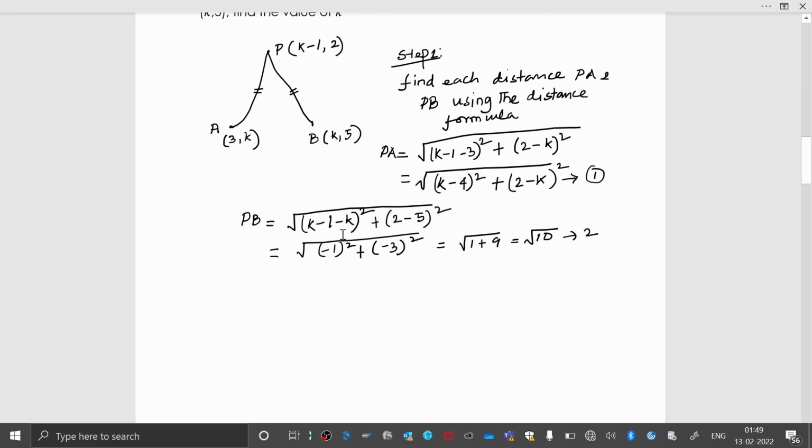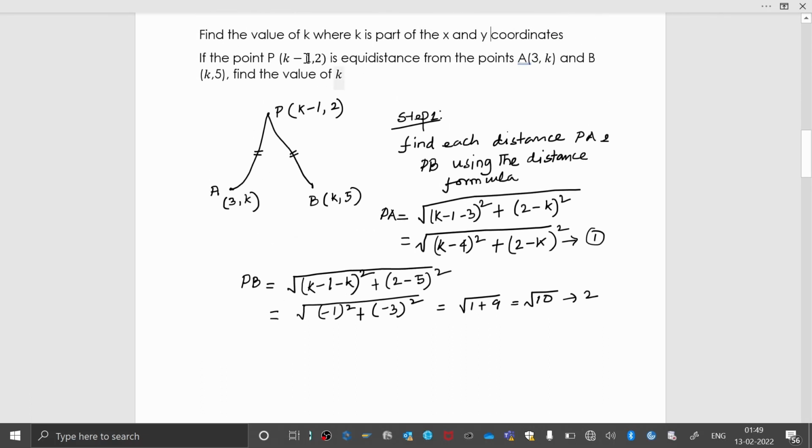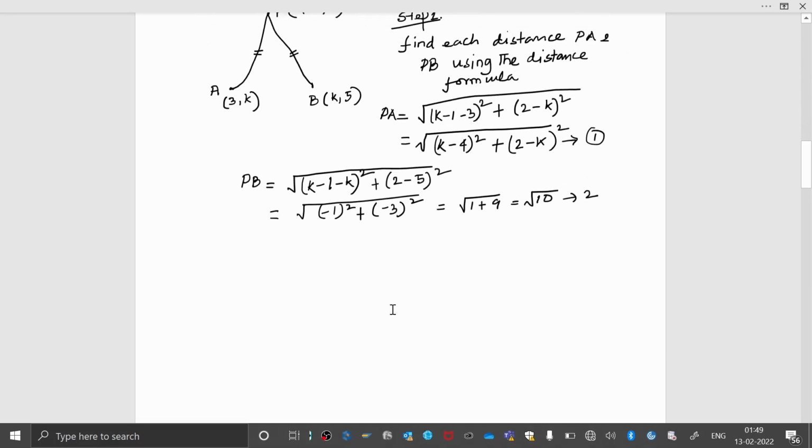Now secondly, we know from this problem that PA and PB are equal. So now we have to frame the equation.